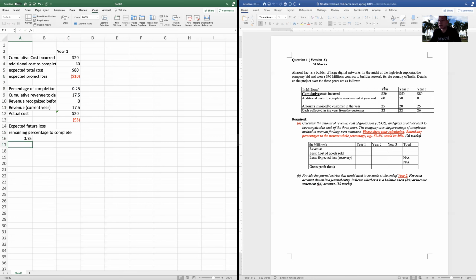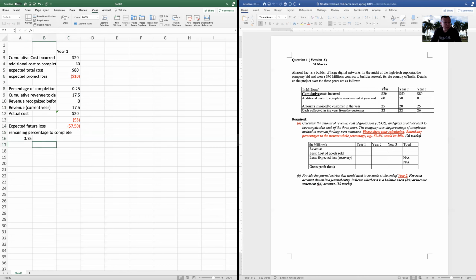You have already completed 25%, so what's left is 75%. And what is the expected project loss? That's C6. So the expected future loss equals A16 times the expected project loss, which is C6. That's your expected future loss.